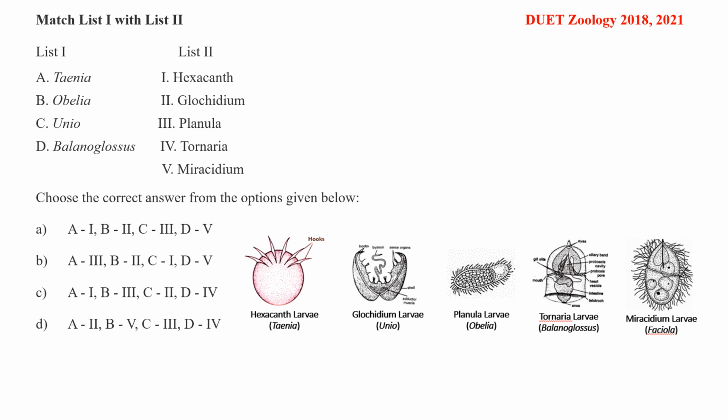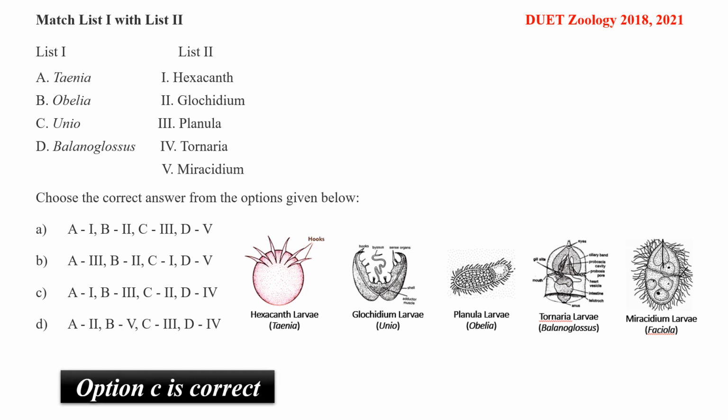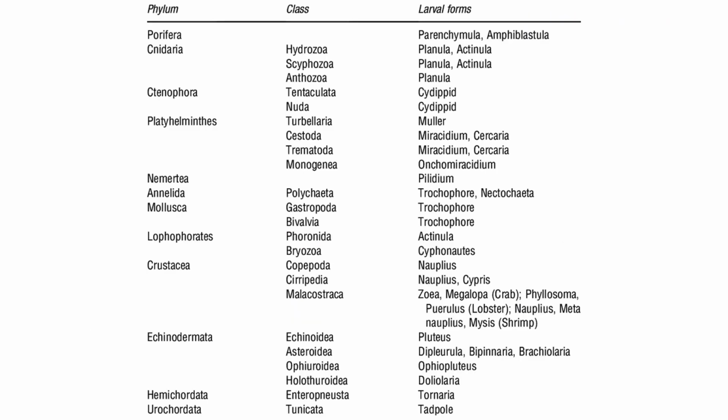Hence, option C would be the correct answer: Taenia has hexacanth larva, Unio has Glochidium larva, Obelia has Planula larva, while Balanoglossus has Tornaria larva. To make it simple, we are also giving you a table where you can learn different phyla and their classical larval forms.